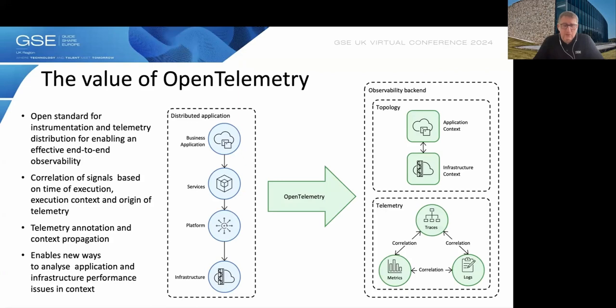And when we look at the mainframe, we assume we will have native instrumentation. So some of these components that we have today on the mainframe will expose telemetry data through the OpenTelemetry protocol.